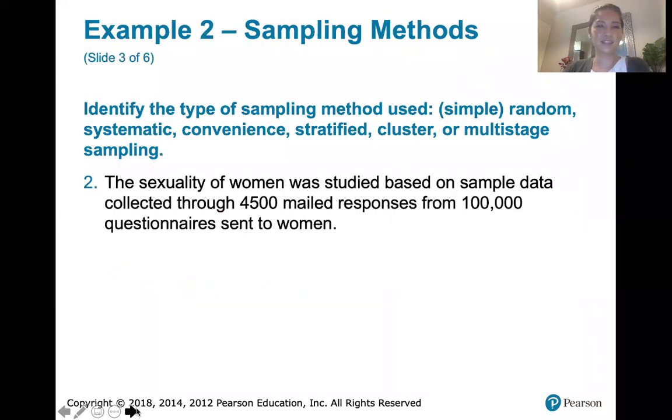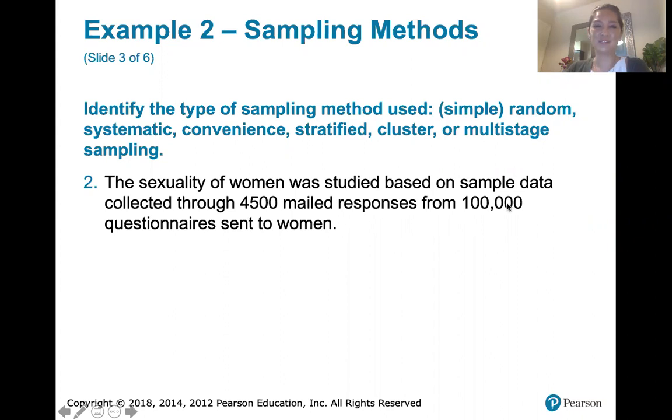Here's another one. It says the sexuality of women was studied based on sample data collected through 4,500 mailed responses from 100,000 questionnaires sent to women. So they sent out a bunch of questionnaires and then 4,500 women sent them back. What type of sampling method is that? Is it a random sample, systematic, convenience, stratified, cluster, or multi-stage?